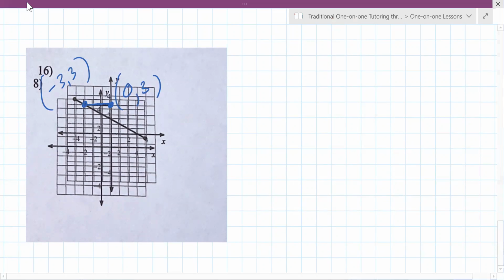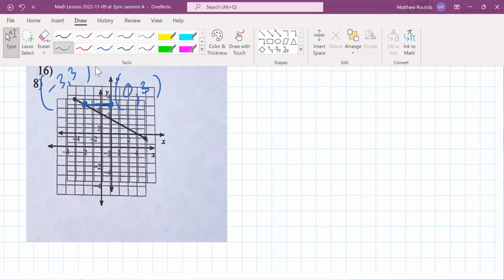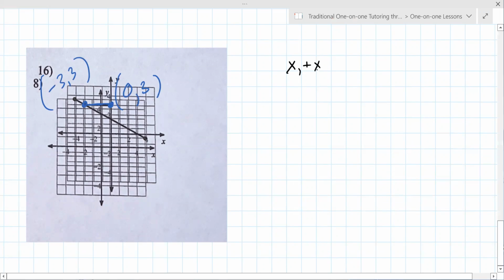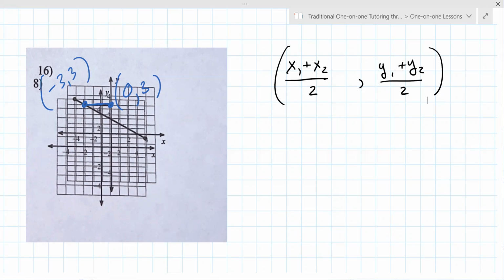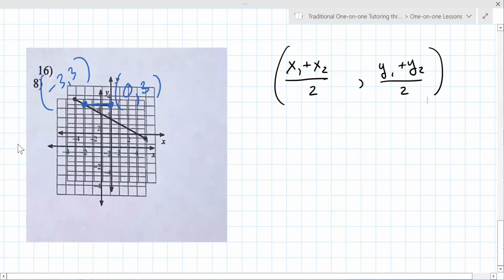So the midpoint formula, just like in the previous problems, you take your X values and add them up and divide by 2. Your Y values, you add them up and divide by 2. What are your X values in this problem? What is the first digit in each ordered pair? The -3 and 0. Yes, perfect.